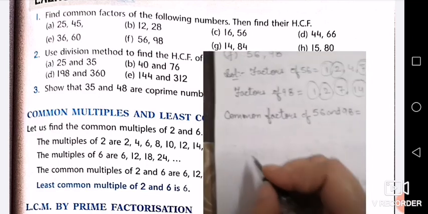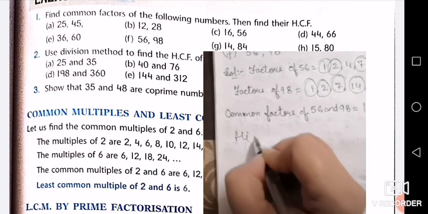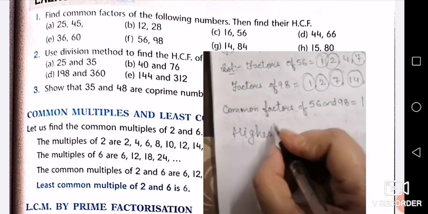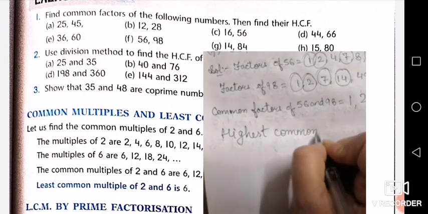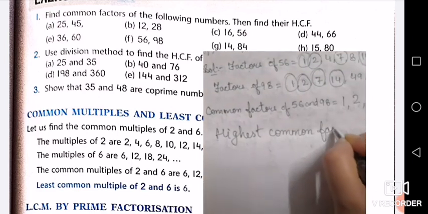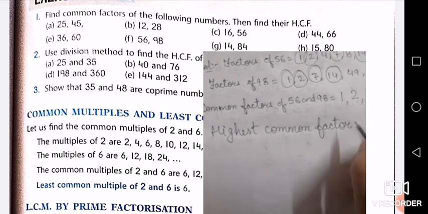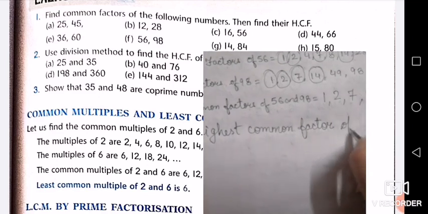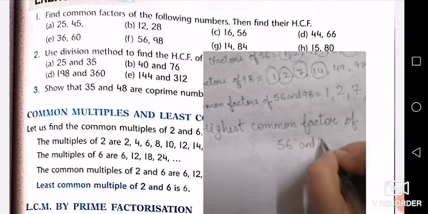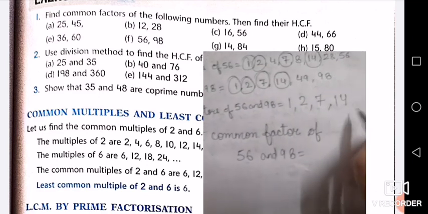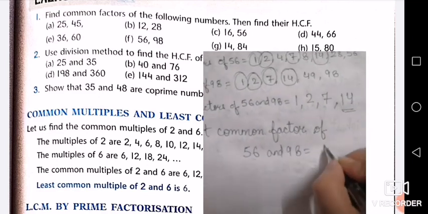Now the next step is to write the highest common factor, which is also called HCF, of 56 and 98, which is 14.